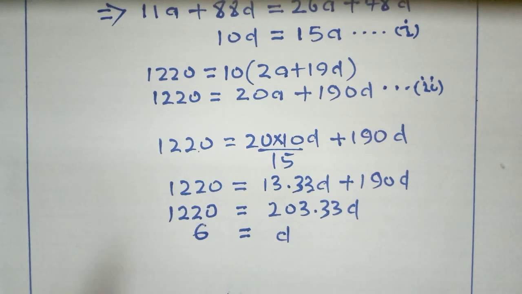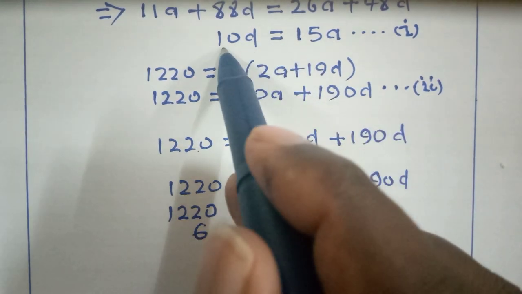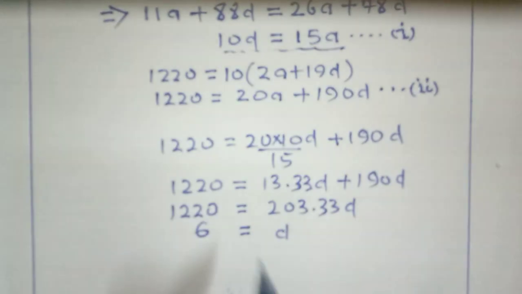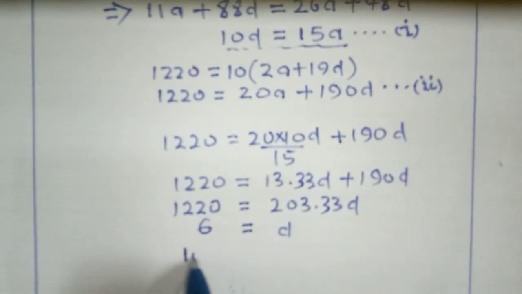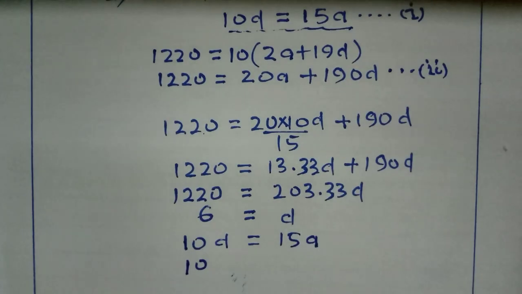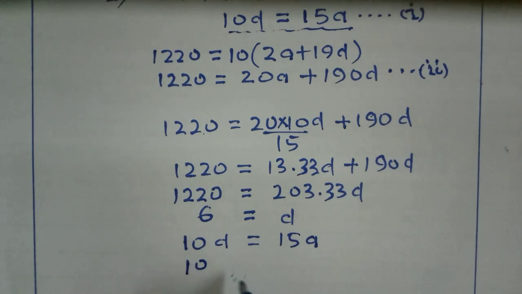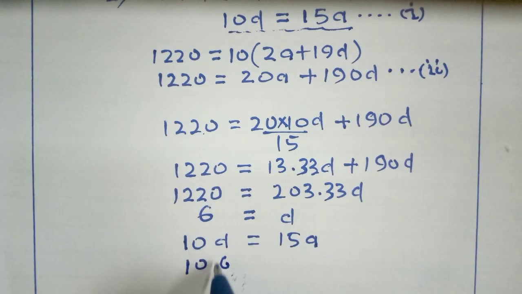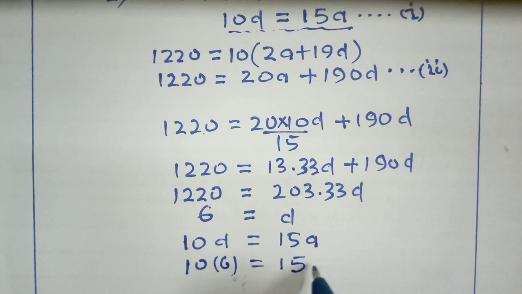This is simple because, guys, we just use this equation here. So now we shall write 10D equals 15A. So now you'll have 10 multiplied by D, which is now 6, equals 15A.